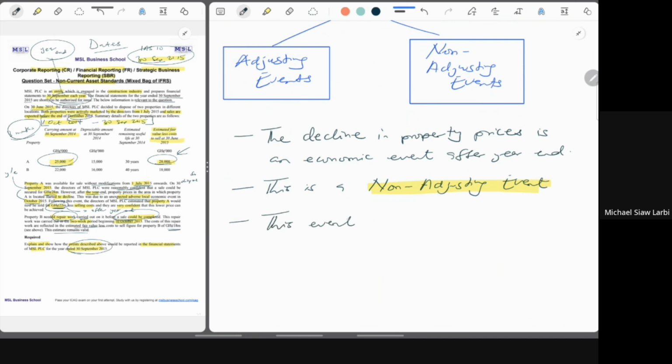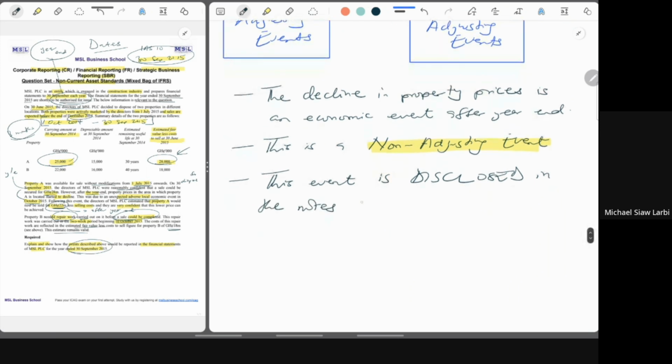This event is disclosed, the price decline is disclosed in the notes to the financial statements.